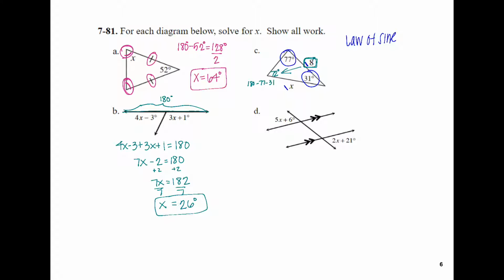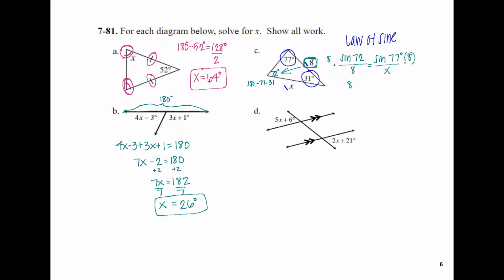So we can set up the sine of 72 degrees over our side length, which is 8, is equal to the sine of 77 degrees over the side length of x. We then are going to use inverse operations, so the inverse of division is multiplying by 8.